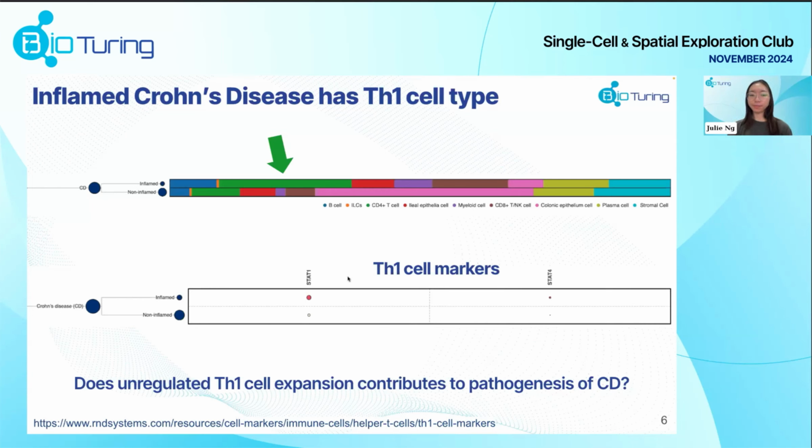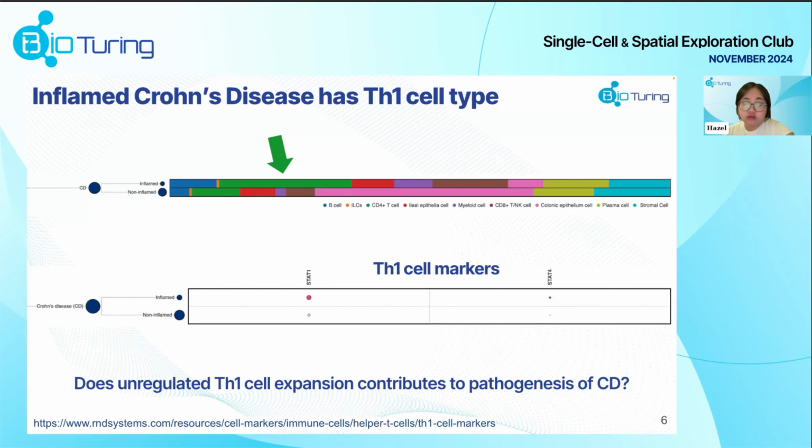That's right. So in Crohn disease, there is a distinct Th cell signature enrichment, like STAT1 and STAT4, and you see a big proportion of Th1 within the immune cells of Crohn disease. Okay, we're talking about Crohn disease.